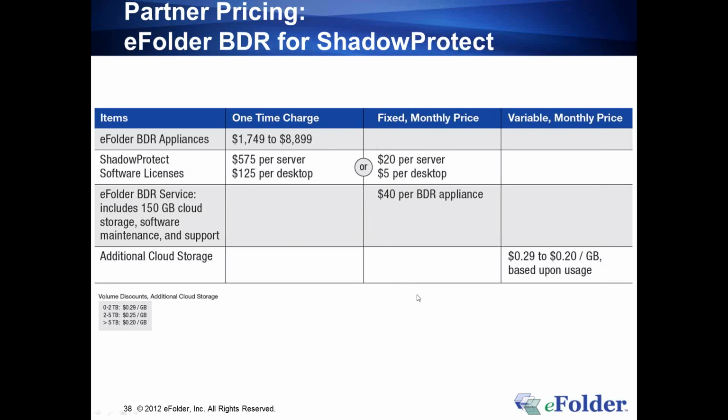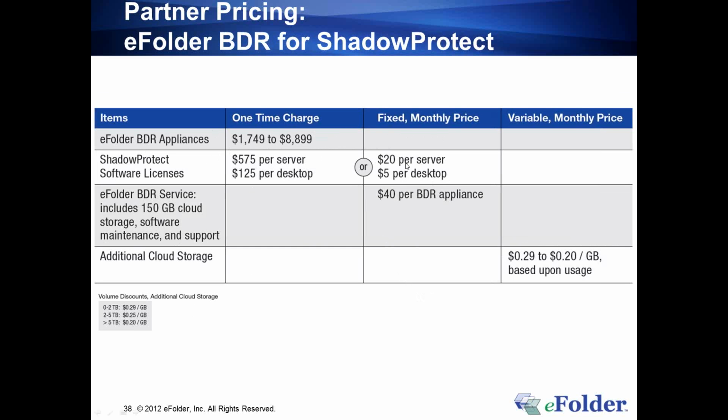Now, if you wanted to forklift upgrade and remove that appliance and put in a new eFolder BDR completely, you have a choice. You would buy the hardware appliance from eFolder, and the rate plan is slightly different.